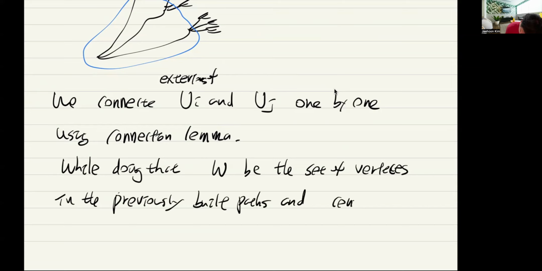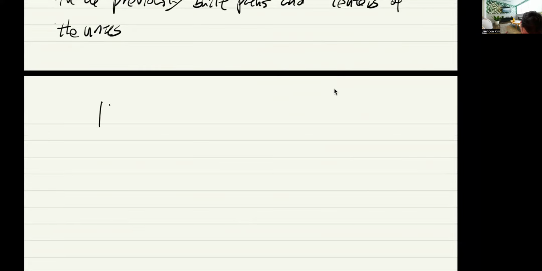And the centers of the units. And W is always what? Guys, at most 2c square root of d choose 2. And each path has rank at most 6m.